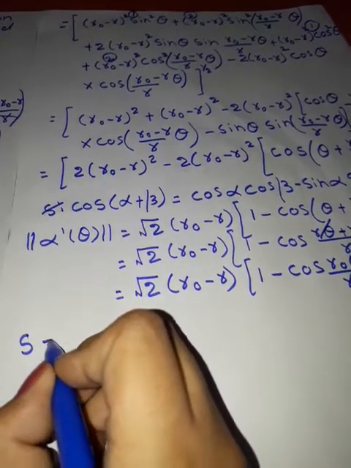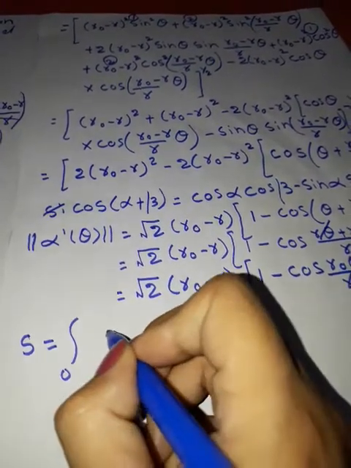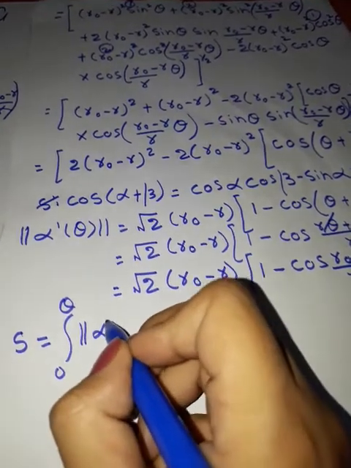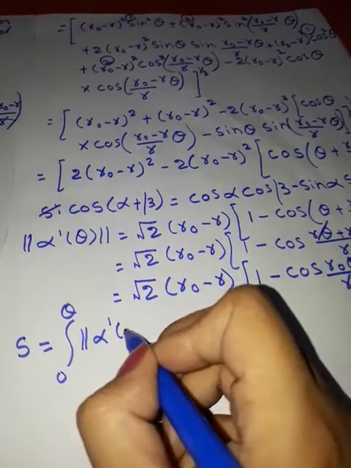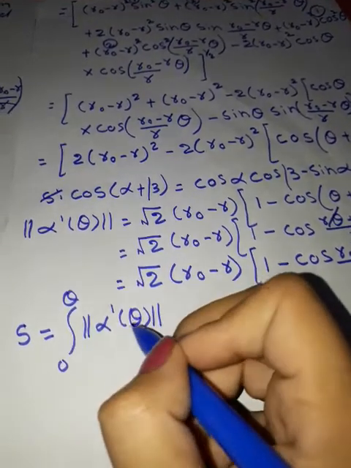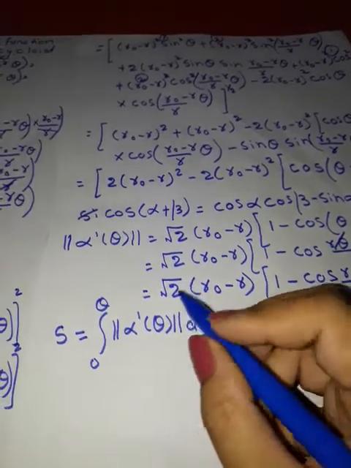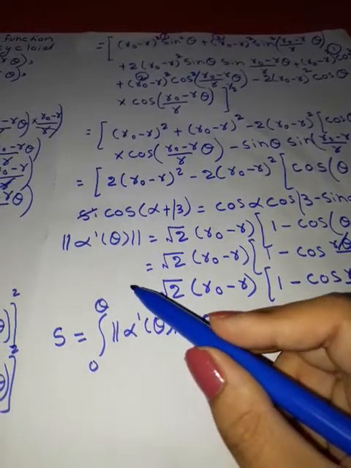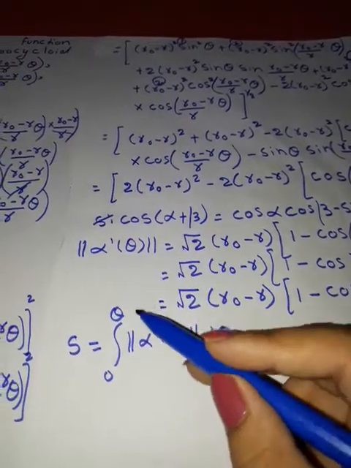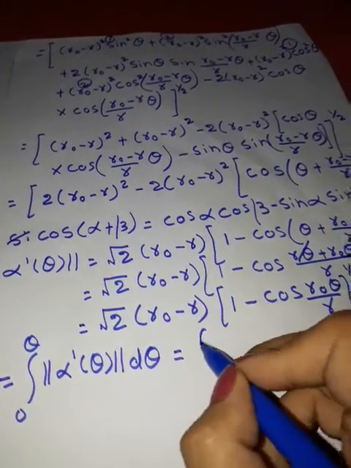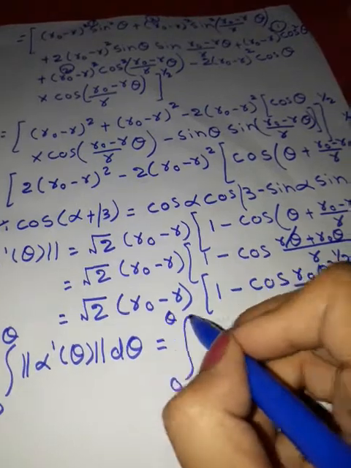Now s is equal to integration of the function magnitude of alpha prime of theta, and integration limits are 0 to theta. Let us substitute the value.